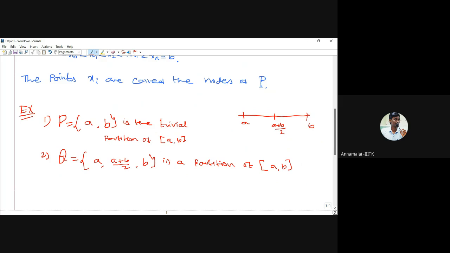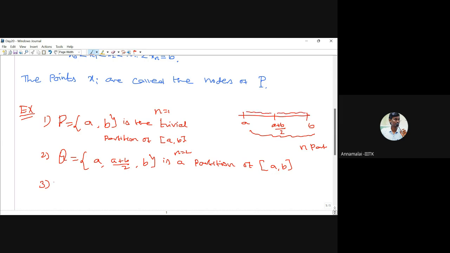Another example: suppose we take any n in N, and divide the entire interval into n parts. In the first case, n equals 1, so we get only one part, which is nothing but [a, b]. For n equals 2, we divide the entire interval into two parts: one part from a to (a+b)/2 and another from (a+b)/2 to b.